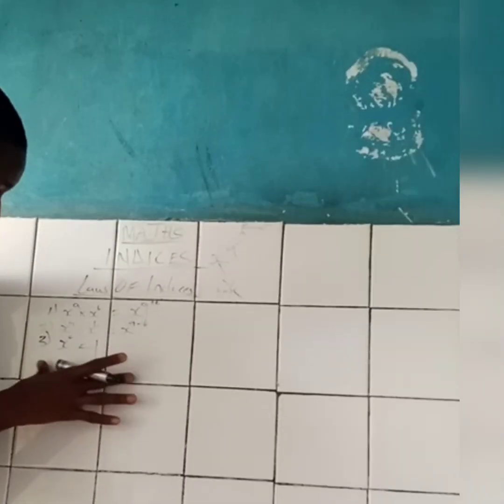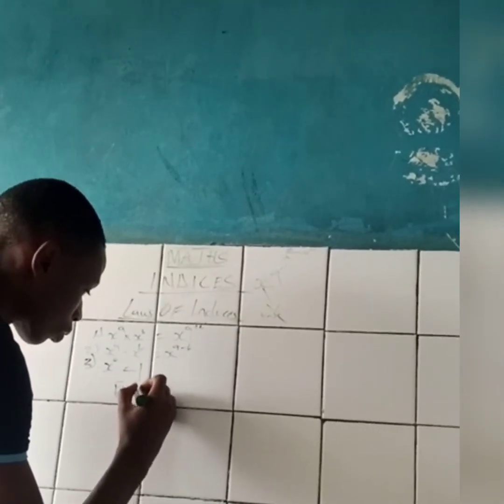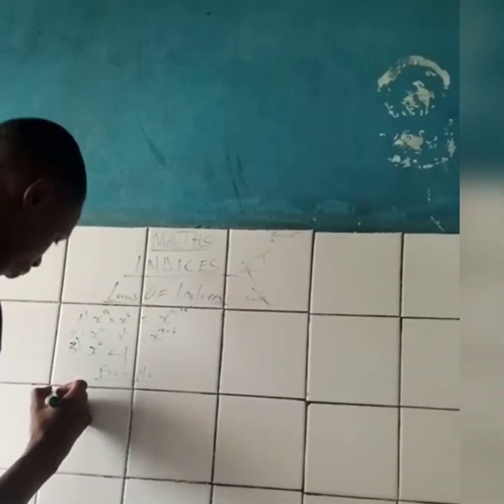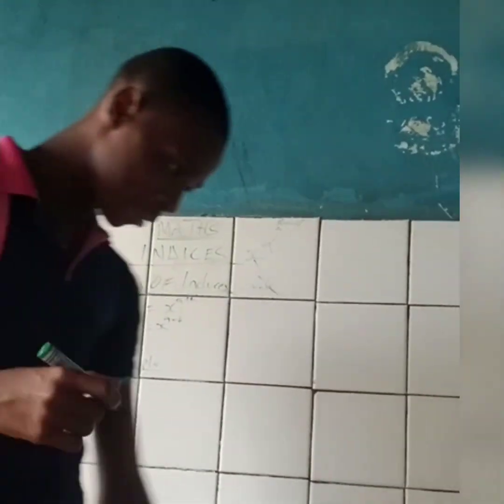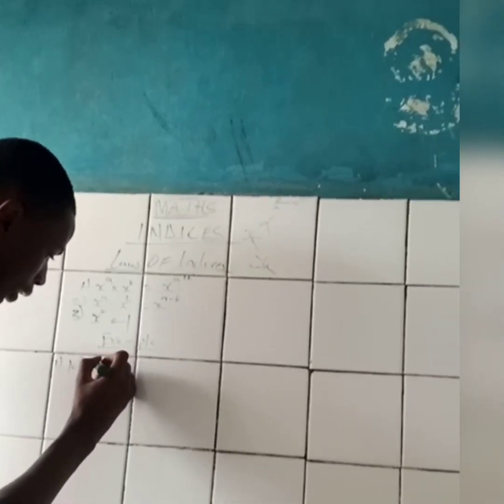So let's look at some examples on the laws of indices that we have learned. In our next class, we will continue the remaining. The first question that I have here with me is 10 raised to power 2 times 10 raised to power 3.